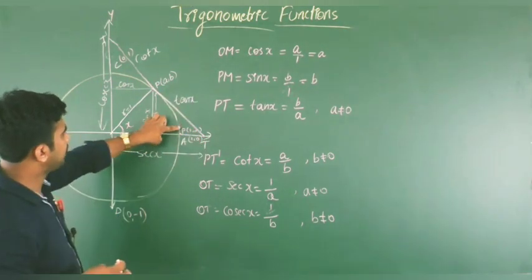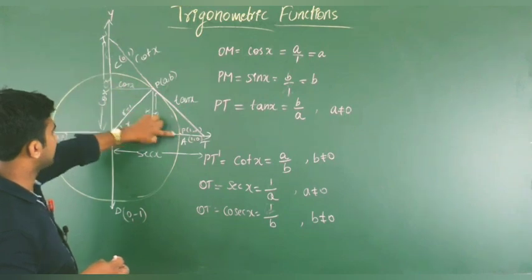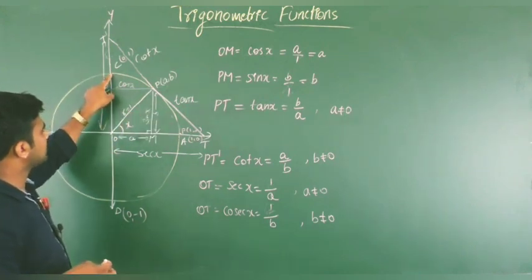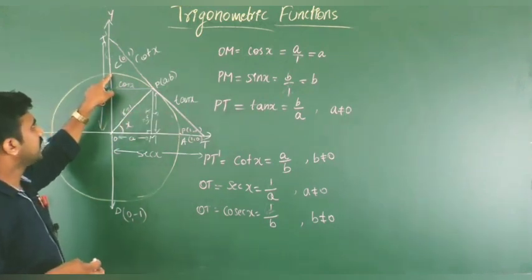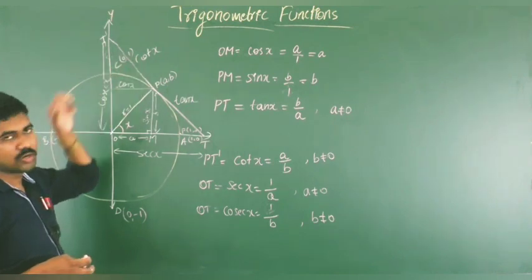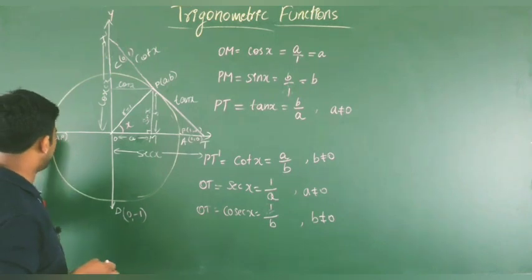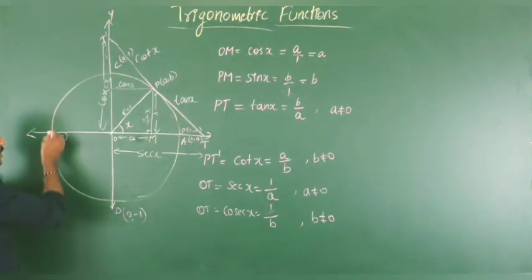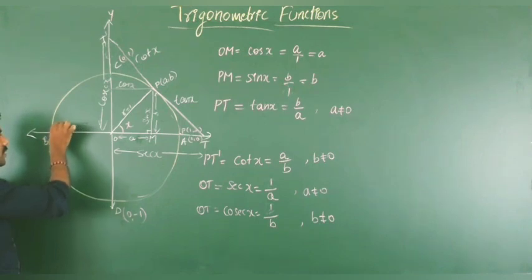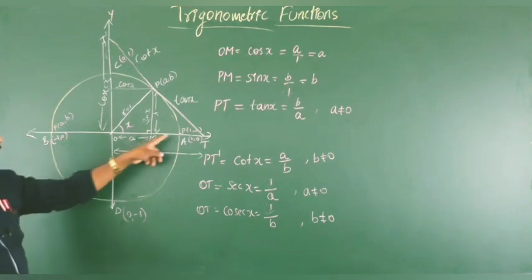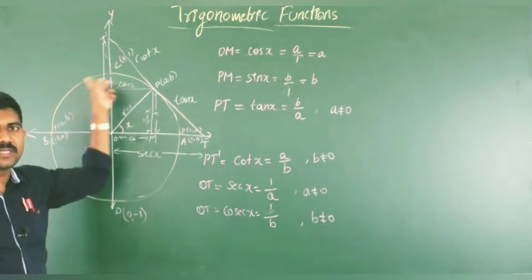Similarly, if you increase and consider the point here, then the coordinates of P become (0, 1), so the a value is 0. And again if you come to this side, suppose the point is here, the a value becomes -1. So the a value can be from -1 to 1.